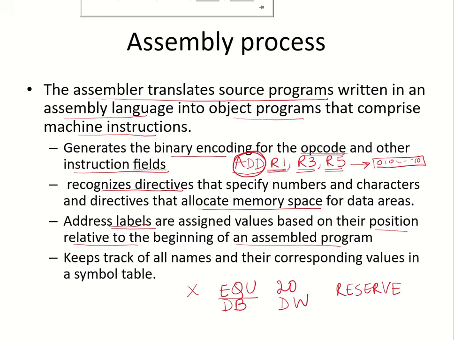It also has to keep track of all the names and their corresponding values in a symbol table. So values like x equals 20, values of labels, all of this will go in a table which is maintained, which is called the symbol table.